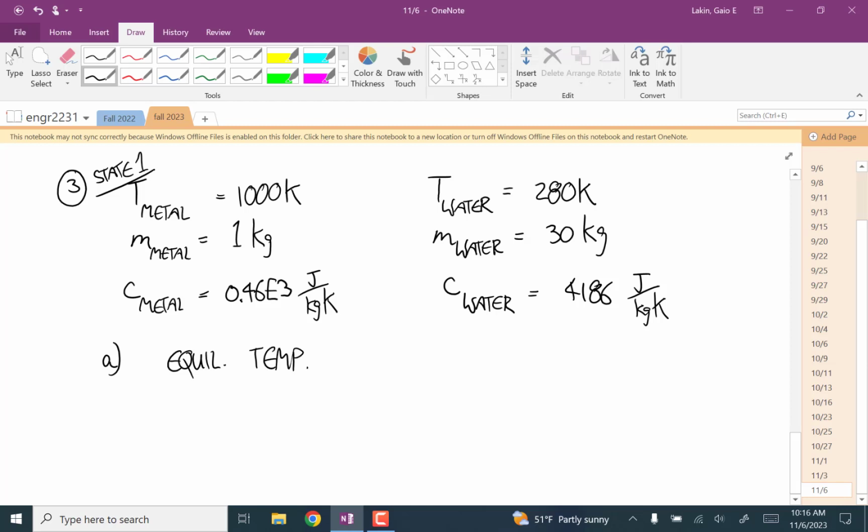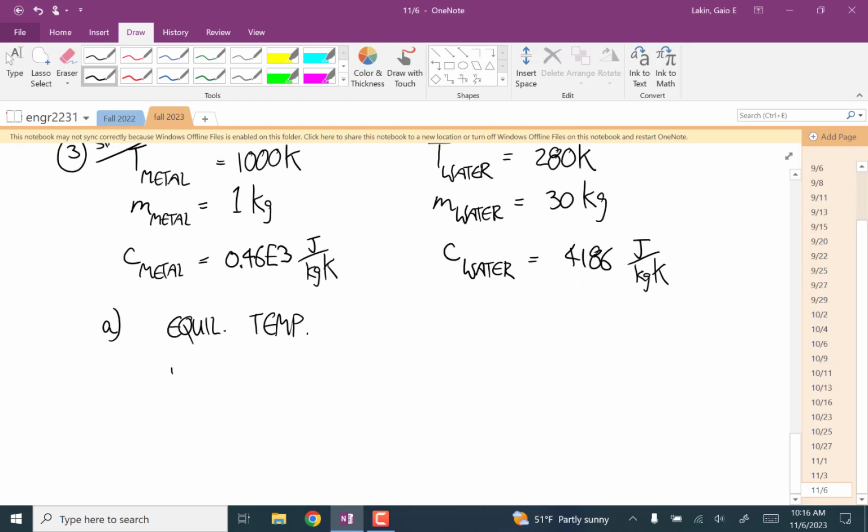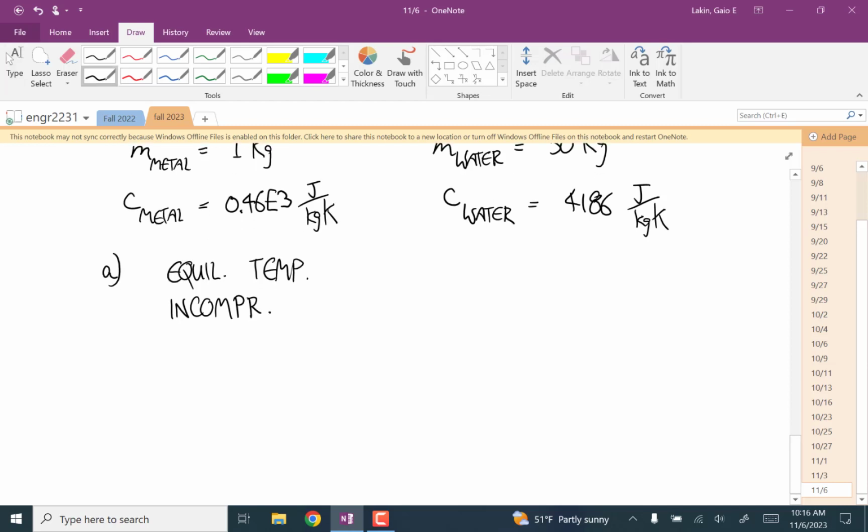So for that, we're going to use the fact that, what does it say? It's an insulated tank, so there's not going to be any heat exchanged with the surroundings. These are both incompressible, and for incompressible, we know that C is equal to du dT.